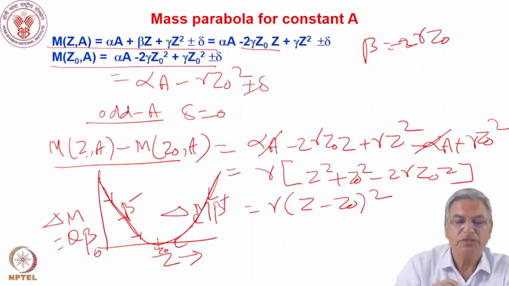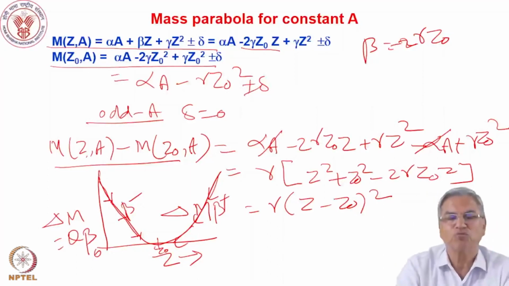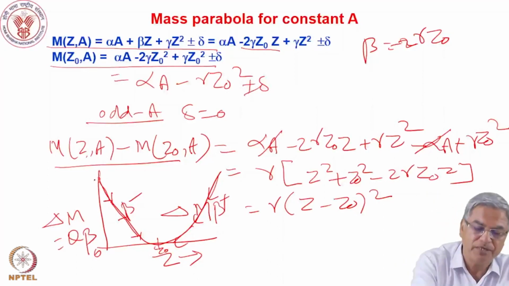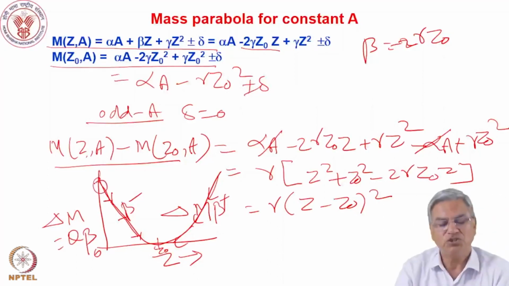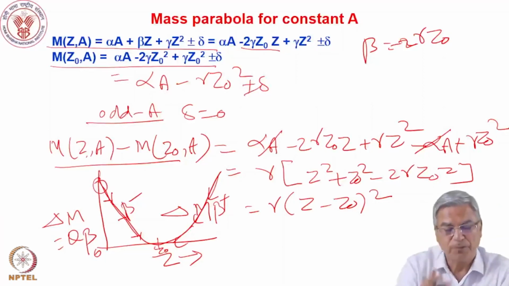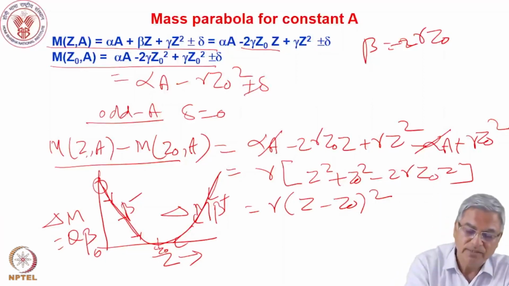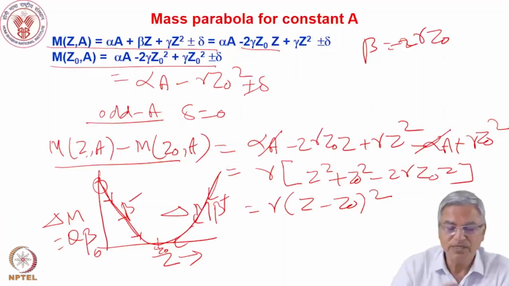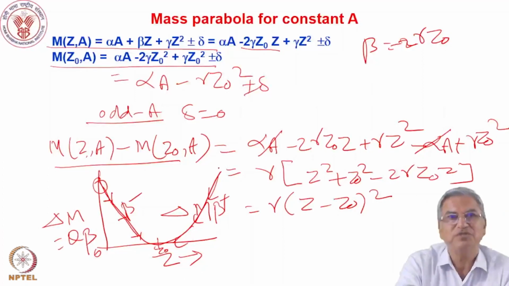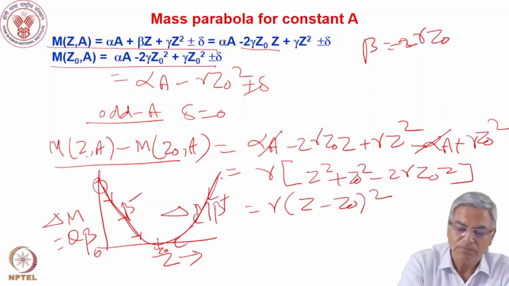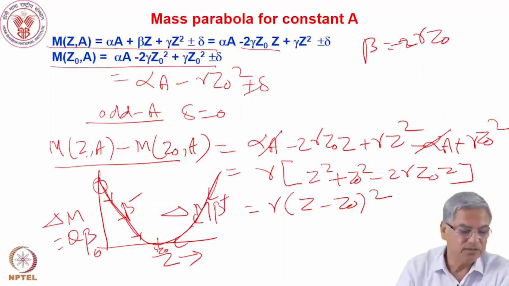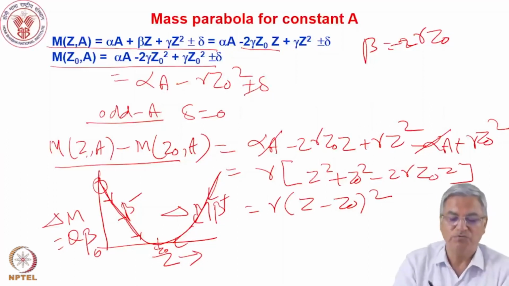So irrespective of where you produce, for example, if you produce a fission fragment, it will be highly neutron rich, so it will undergo beta minus decay to ultimately lead to stability. If you produce a highly neutron deficient nucleus, it will undergo beta plus decay or electron capture and come to rest at Z stable.